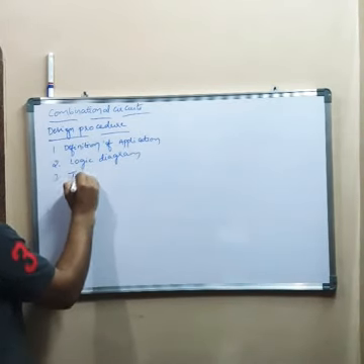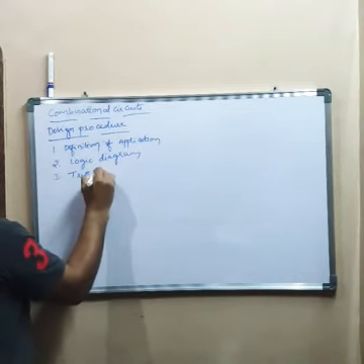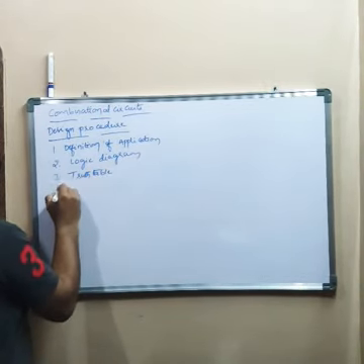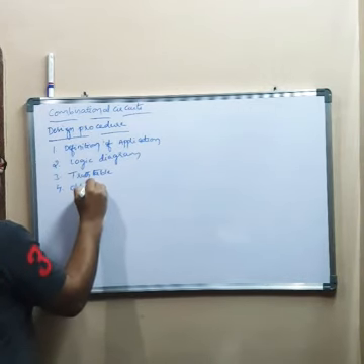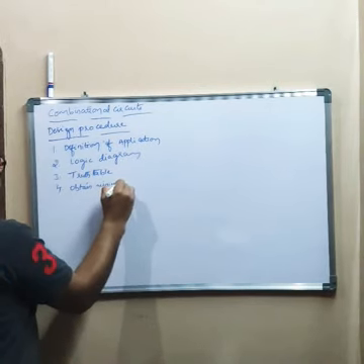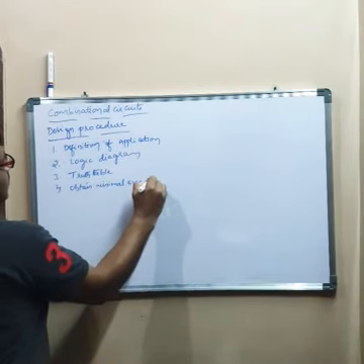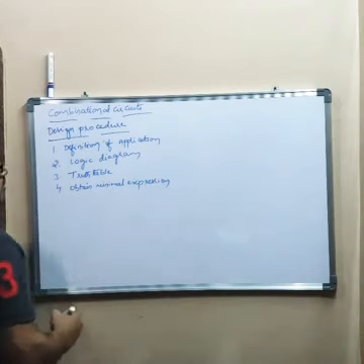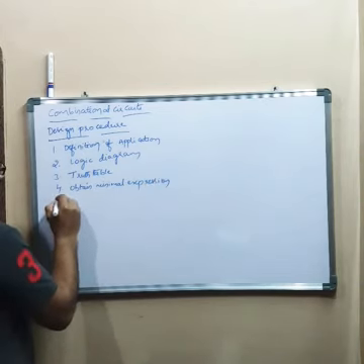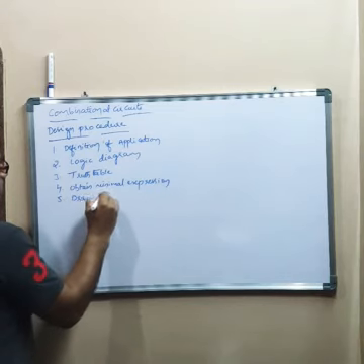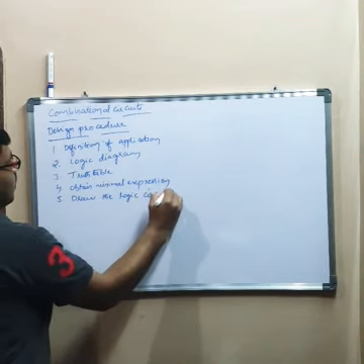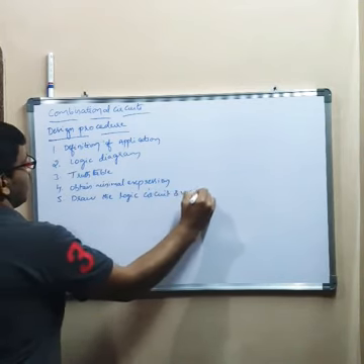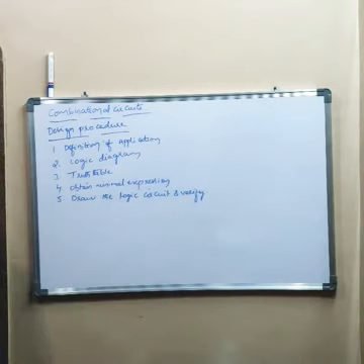Third step, truth table. Fourth step, obtain minimal expressions. Next, fifth step, draw the logic circuit and verify. Right? Let us see the first step.